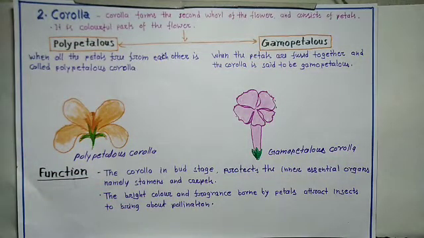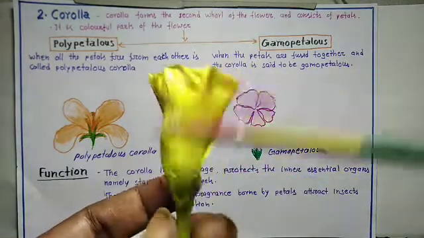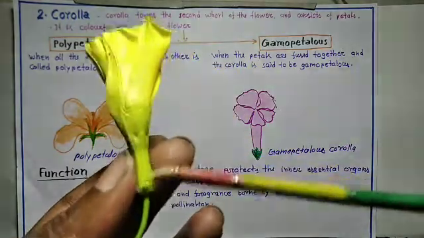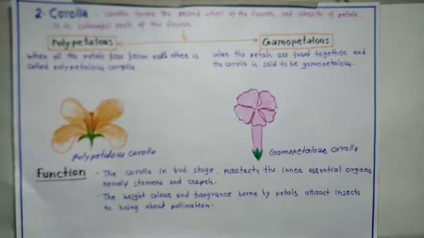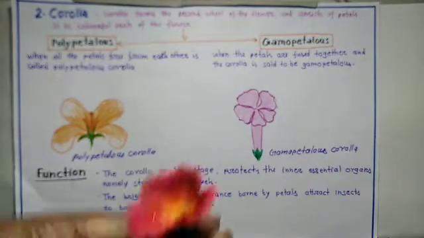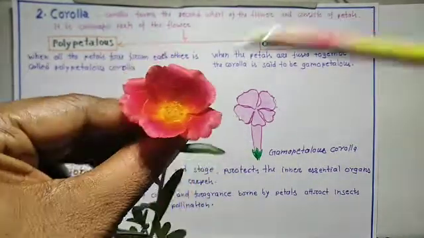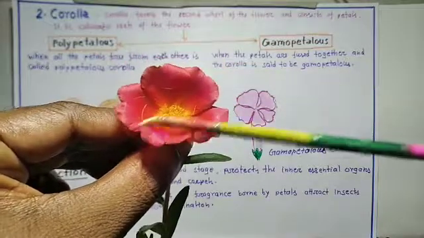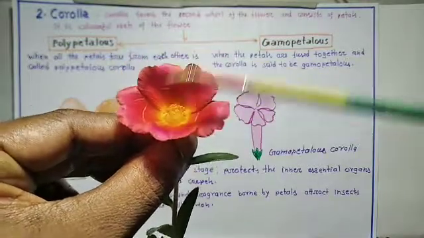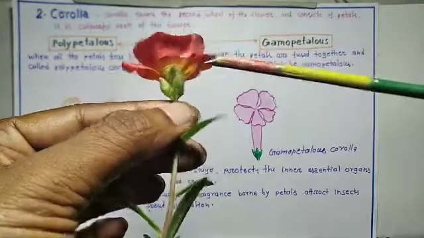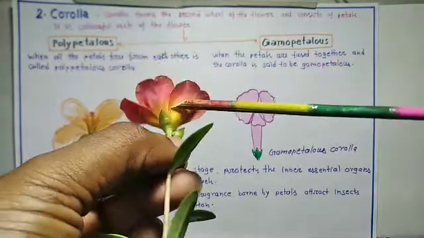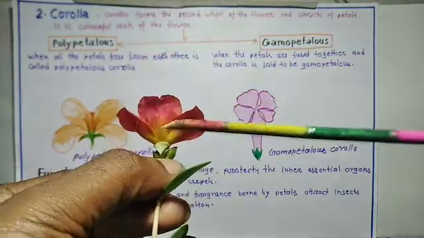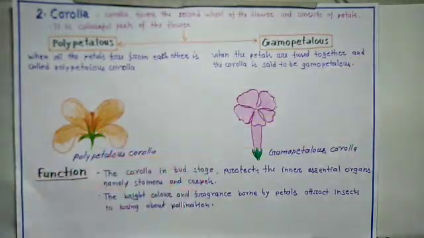In another flower, this is a corolla and this is a calyx. In another flower, you can see this is the colorful part of the flower, so it is called corolla. It is the second whorl. This is a calyx, this is a corolla.